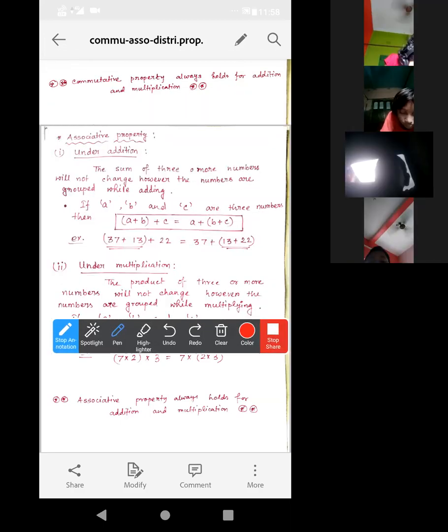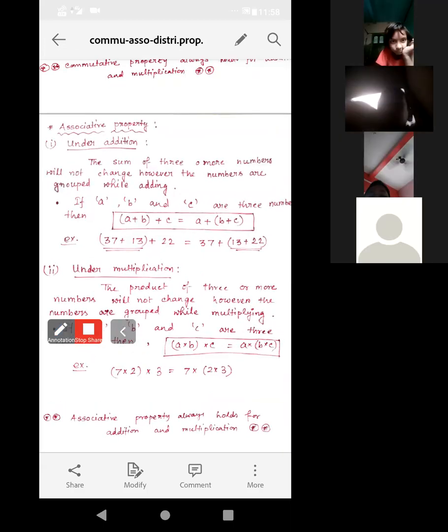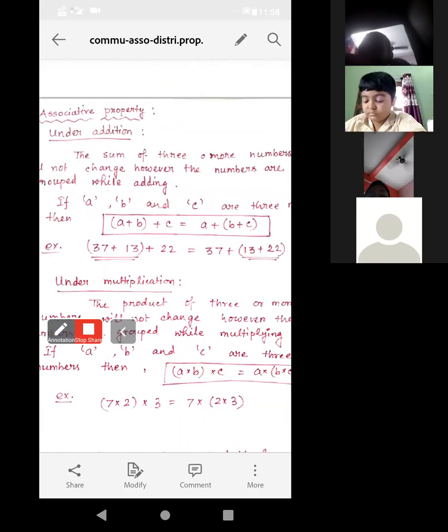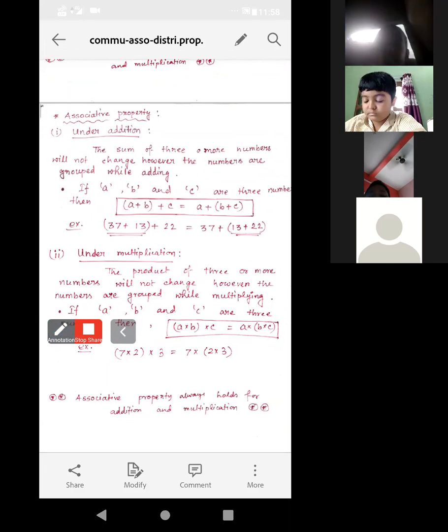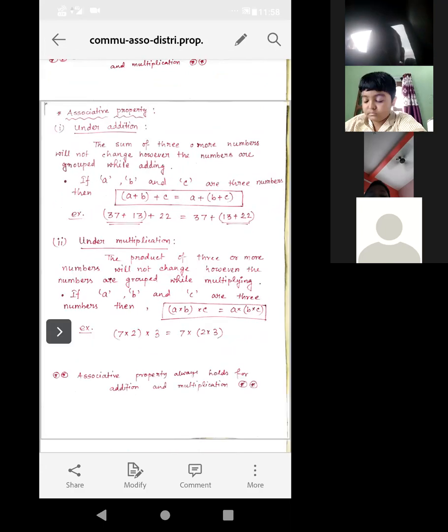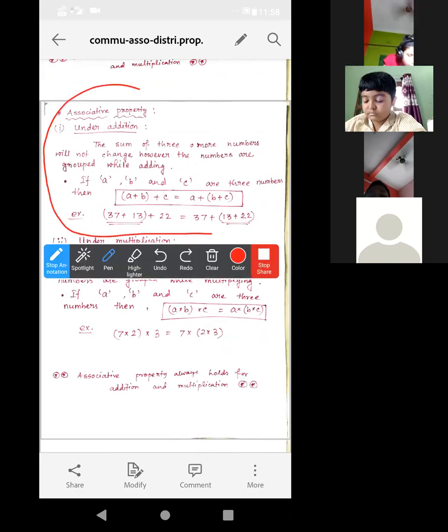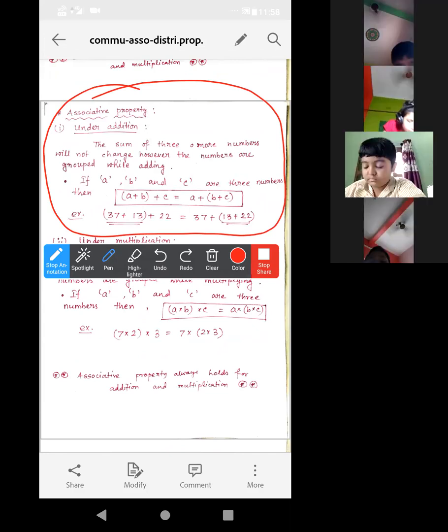Look, associative property under addition. Not that multiplication part you will do, only that addition part. Only this one. Let me explain this. Basically, in case of associative property, we need to take three numbers. Suppose I am taking 7, 3 and 5.